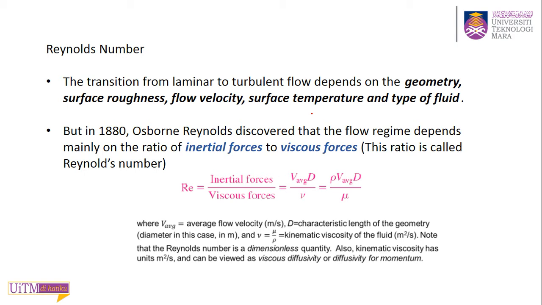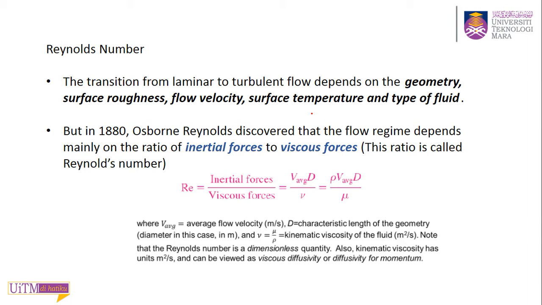He discovered that the main factor that determines whether the flow changes from laminar to turbulent is the ratio between the inertial force and the viscous force. When the fluid flows, it brings inertial force, and there will be a viscous force that opposes the flow.